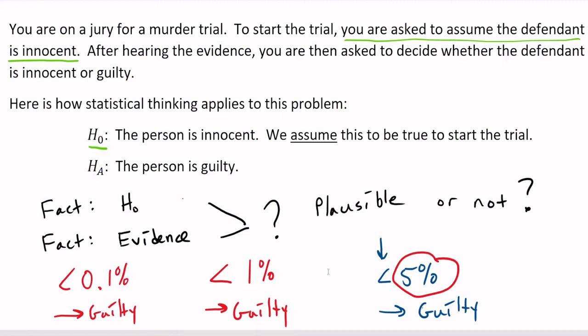Which of these is worse? If we're in class together, I think we would have a lot of people not wanting to say anything because this is a very difficult discussion to have, but this is why this alpha is so important, because it helps us define the chance of making a certain mistake.